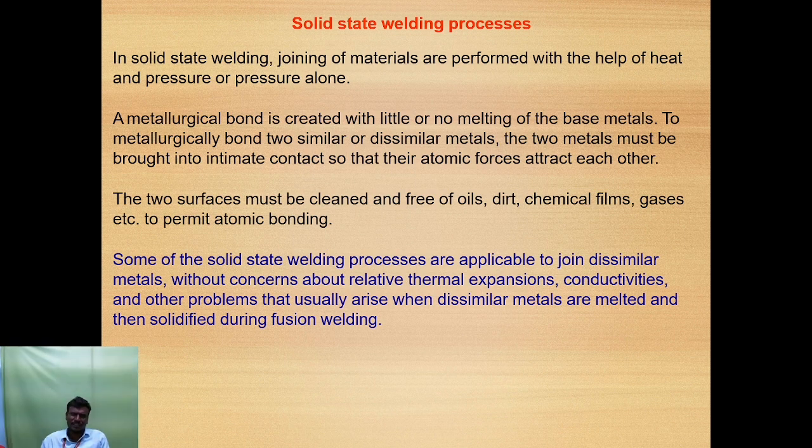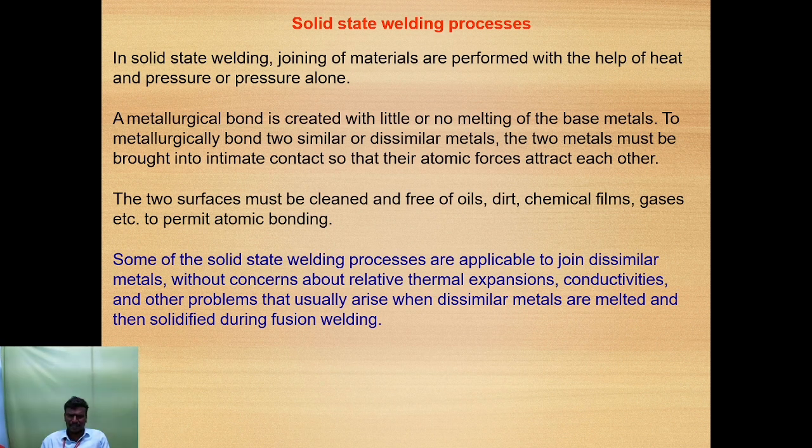To metallurgically bond two similar or dissimilar metals, the two metals must be brought into intimate contact so that their atomic forces attract each other. So the two surfaces must be cleaned and free of oils, dirt, chemical fumes, and gases, etc., to permit the atomic bonding.